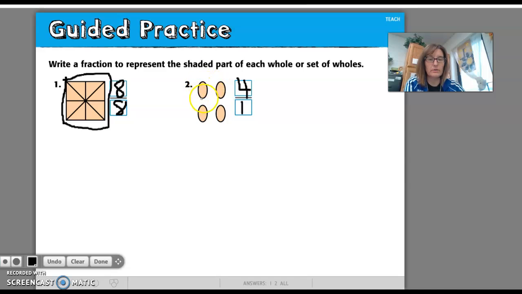We have 1 full oval. The oval is not cut, it's 1 piece. But we have 4 full pieces. So the 4 parts goes up here. That fraction, 4/1, tells us we have 4 full ovals.